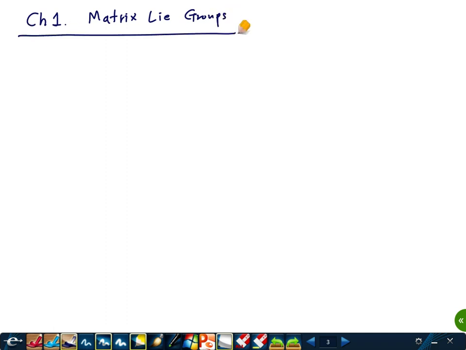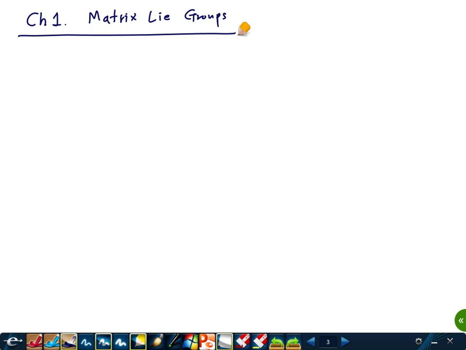Chapter 1, matrix Lie groups. As I mentioned, the first five chapters will be gone through very quickly. Unfortunately, I have to skip most of the proofs.